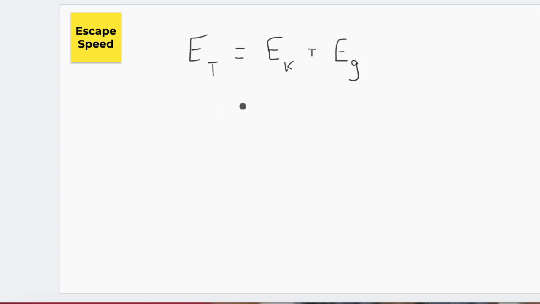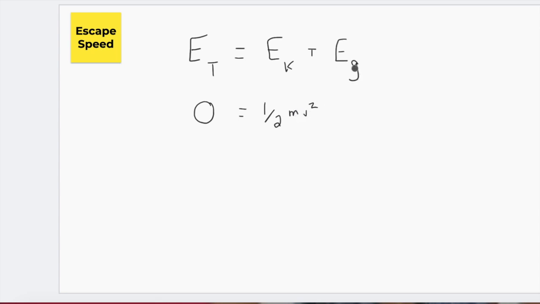In the first example on the previous slide, I said that an object is able to escape if it has 0 total energy. An object that's moving has kinetic energy of 1/2 mv squared.